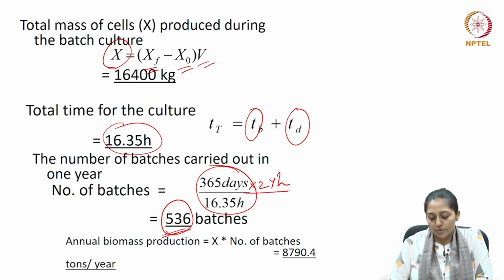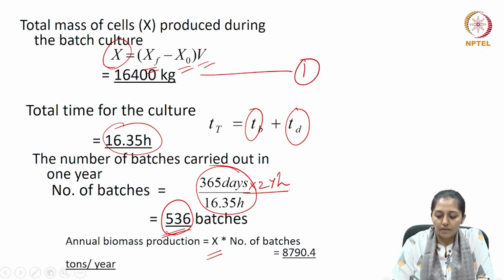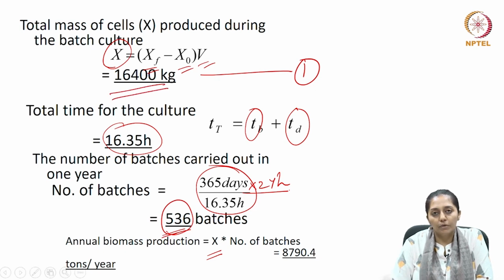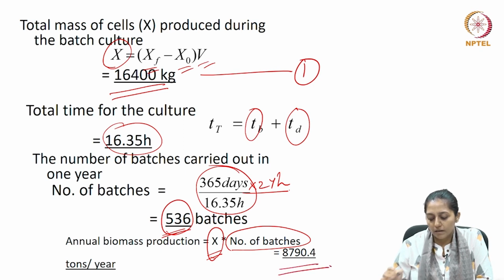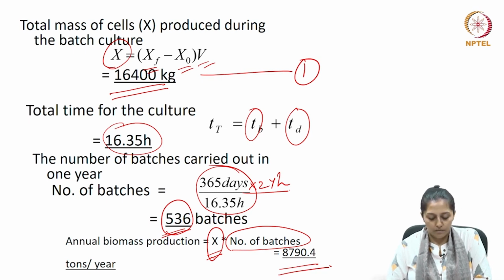So, the annual biomass production can now be calculated. After one batch, we knew from equation 1 on this slide how much could be produced. Now, if you know the total number of batches which can be run, you multiply it with the amount of biomass which you will obtain after running one batch, and you get the total amount of annual biomass produced, which is 8,790.4 tons per year.